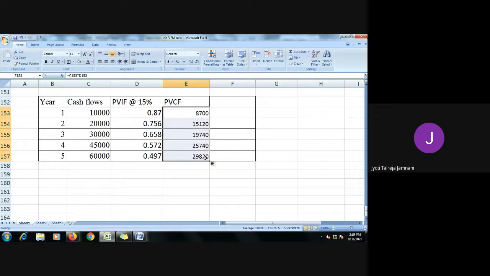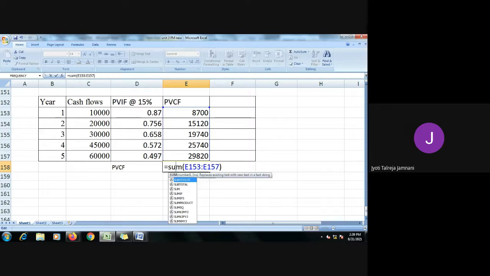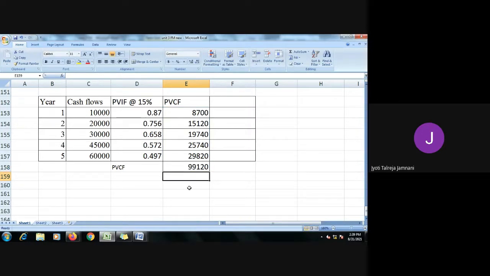Similarly, we have to do it for the remaining years. So you get these values. Now we need to total it to find the profitability index. So present value cash flows, the total of it, 99,120 is the total.